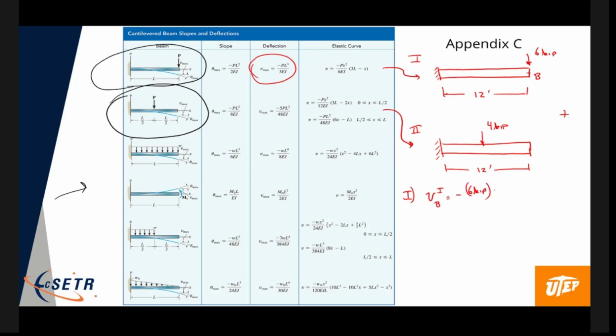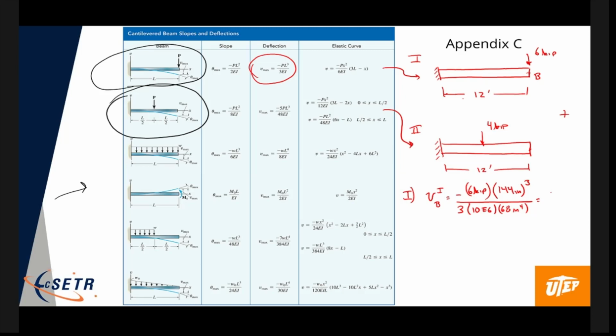right? Times L cubed. In this case, L is 12 feet, but let's put everything into inches because the E and the I are going to be in PSI and inches to the 4th. So that's 12 times 12, 144 inches. And we're going to cube that. And that's going to be divided by 3EI. So 3 times 10 to the 6th PSI times, I think it was 68, something like that, inches to the 4th, right?